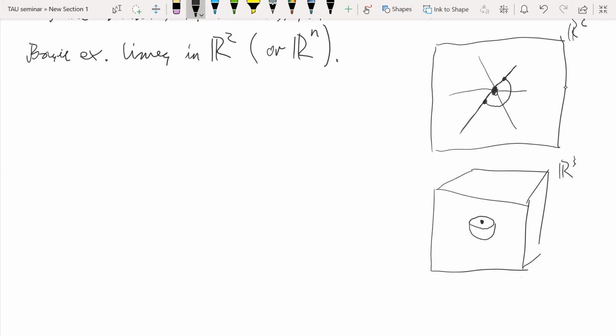And then we again have to identify opposite points of the boundary of this hemisphere right here. So we can see that it is still going to be some kind of surface. But the boundary here is going to be a little complicated.